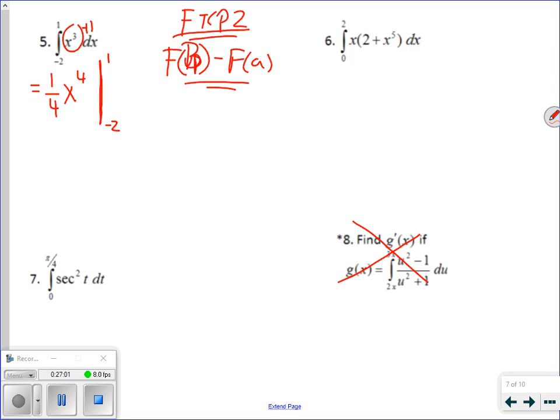It tells you to find the area between -2 and 1. So literally all you have to do is 1/4 times 1 to the 4th minus 1/4 times -2 to the 4th, which equals 1/4 minus 16/4, or simply -15/4.